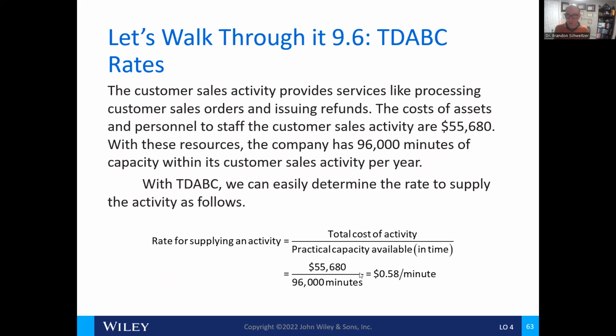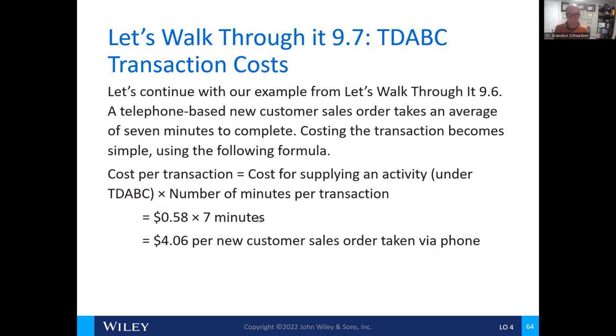So we take the total cost of the activity, the sales staff, etc. $55,680 divided by the number of minutes used, 96,000, gives us 58 cents a minute. We would then take that 58 cents a minute and multiply that by the number of minutes per transaction, giving us a total cost per sale. In this example, $4.06.